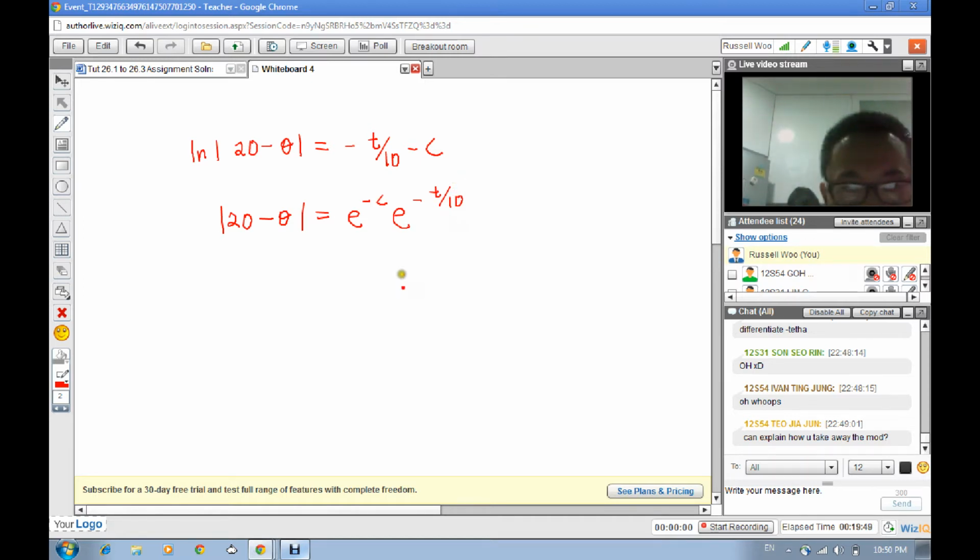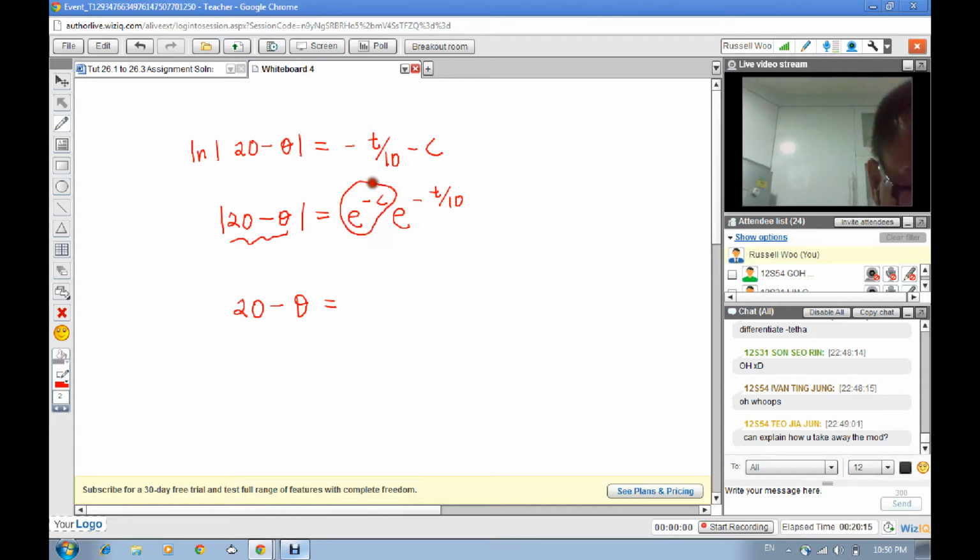I'm writing very slowly because the stylus on this whiteboard doesn't work very well. Now, let's recall what we mean by mod sign. Can we safely say that 20 minus theta, let this be b, because e to the power negative c is just a constant, positive constant in fact.